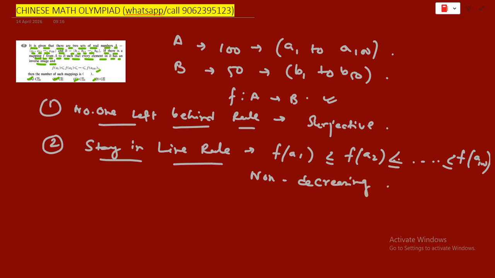Okay, now imagine 100 students for set A, standing in a straight line, numbered 1 to 100, and we have 50 buses, set B, parked in order. So the students must board the buses such that every bus has at least one student, and if student number 5 is on bus number 2, student number 6 cannot go back to bus number 1. They either stay on bus number 2 or move forward to bus number 3. No time traveling allowed.